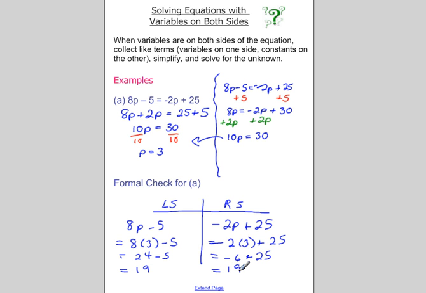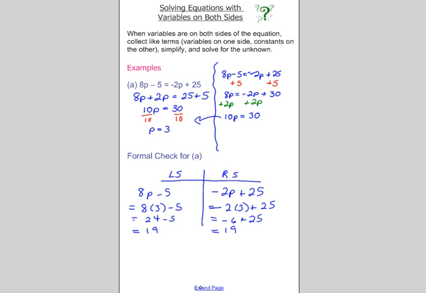Again, remember, it doesn't matter what answer you get. What you're trying to get is for the left side and the right side to equal the same thing. In this case, they do, and that means that your answer is correct. So then you need to just do a conclusion, and your conclusion will be left side equals right side, therefore p equals 3. And that would be the end of your formal check.